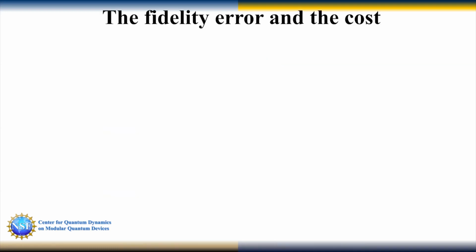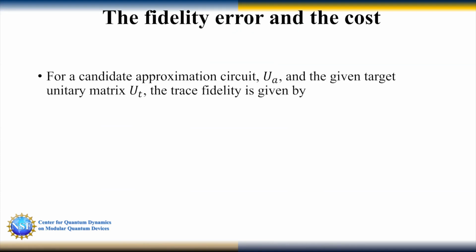Okay, next, let's talk about the fidelity error and what contributes to the cost. First, for a candidate approximation circuit U_A and a given target unitary matrix U_T, the trace fidelity is given by F, which is the trace of U_A times U_T dagger, divided by N, which is the system size.